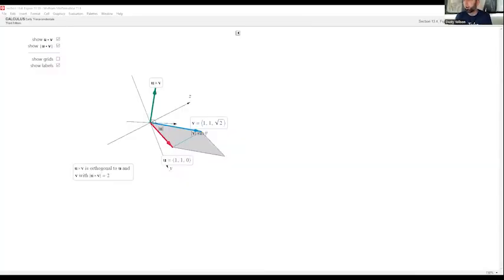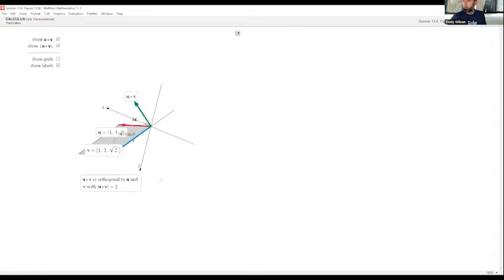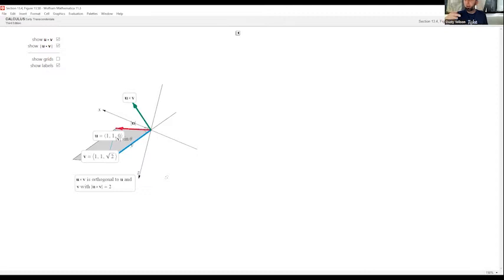Once again, looking at it on the picture, if maybe I could rotate around a little bit. Notice that if my red vector is pointing kind of to the left and my blue vector is pointing out of the screen, then my thumb would be pointing up in the direction that I want.